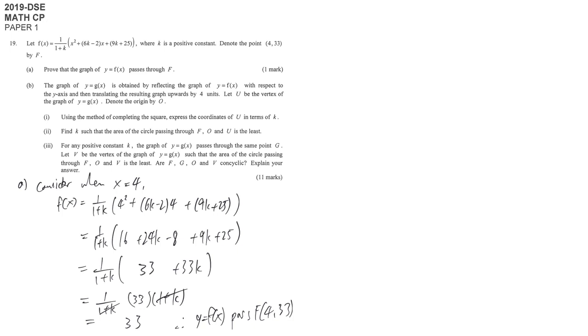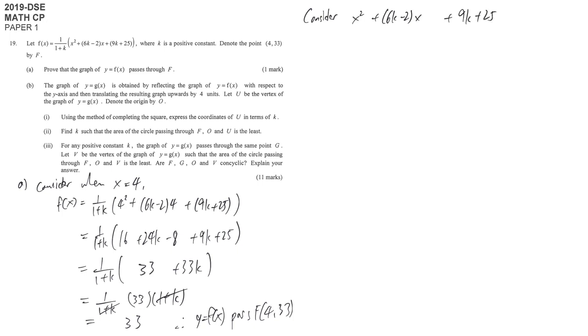So it's just computational skills. We are going to change f(x) into vertex form, but I think it's too much trouble to copy down this factor. That's why I just focus on what's inside. We consider x squared plus (6k minus 2)x and then plus 9k plus 25.